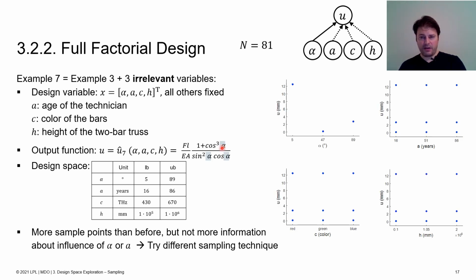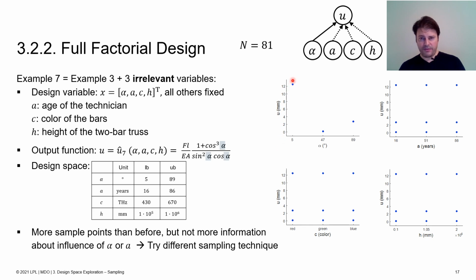And of course, we cannot produce a 3D plot now because we have too many design variables. But what we can still do is look at the scatter plots for a full factorial design now of 81 design points. And now you encounter the same as what we saw before.